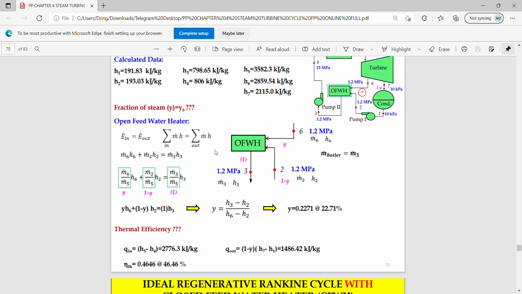So we need to find the fraction of steam Y. Fraction of steam Y equal to Y6. E in equal to E out. This is the summation of m dot h in equal to the summation of m dot h out.